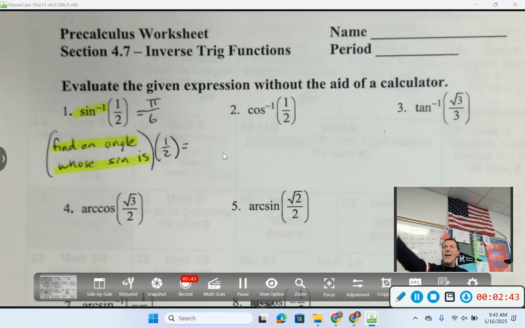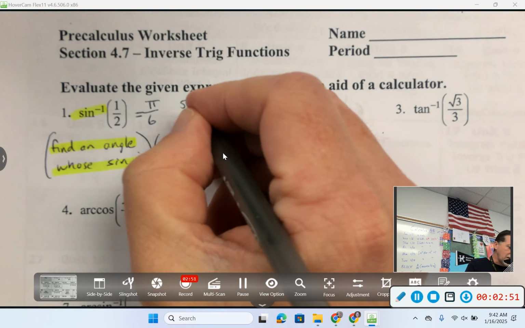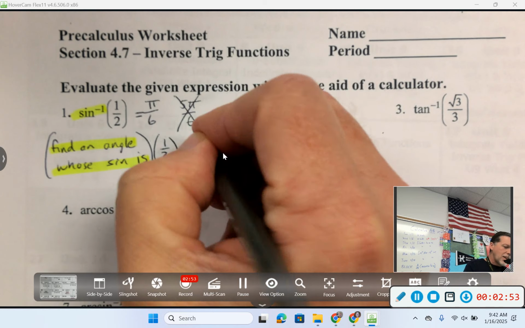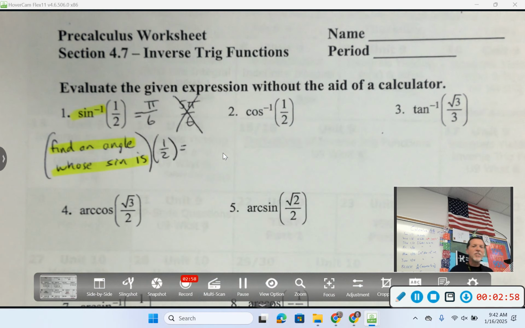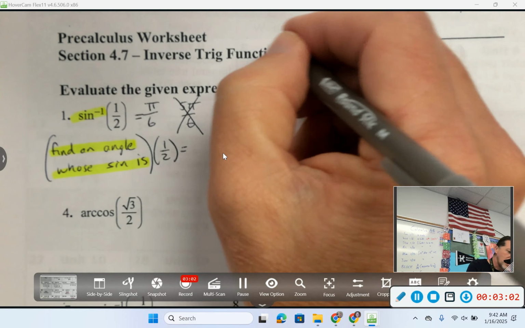Okay, that is what we're going to talk about in a minute. Because, so Ben's question was, well, why isn't it also 5 pi over 6? Because clearly the sine of 5 pi over 6 is also 1/2. But inverse sines can only have one answer, because they are functions.